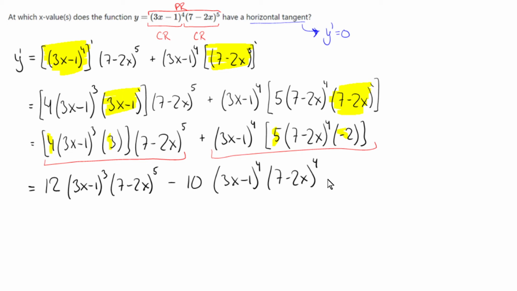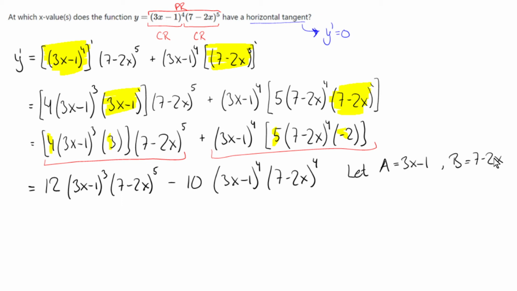At this point we can't. Now this is going to be a bit tricky to factor, so to help me along I'm going to define two variables. So a is going to be defined as 3x minus 1, and b is going to be 7 minus 2x.